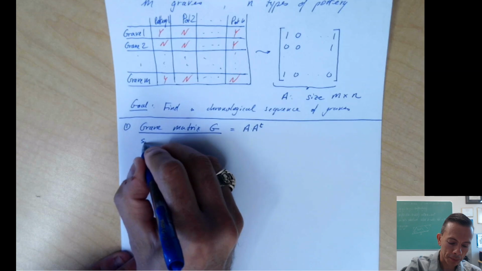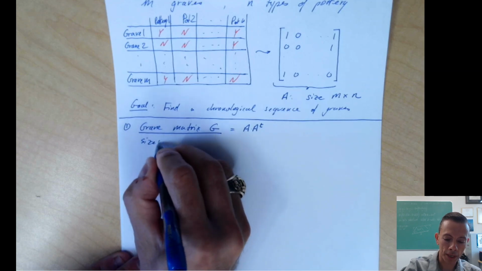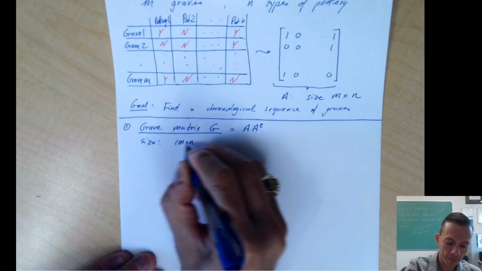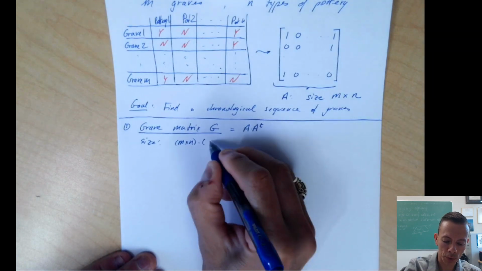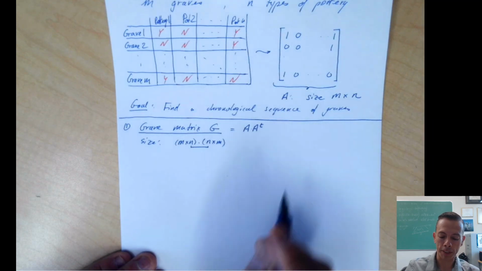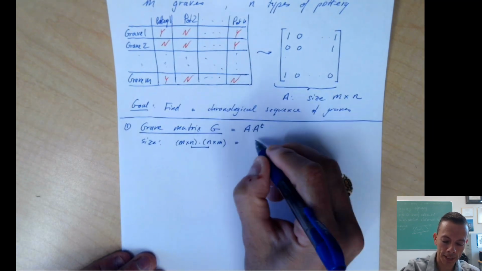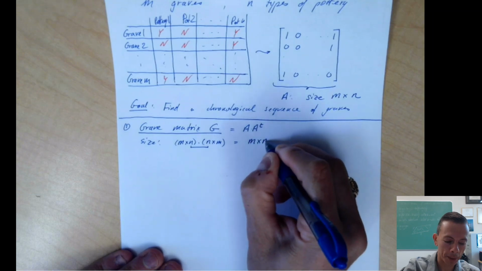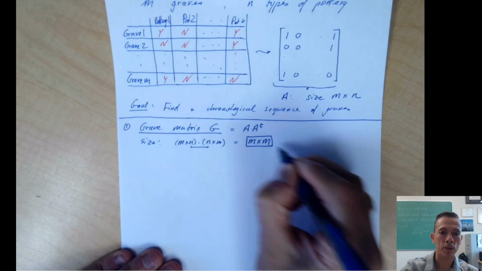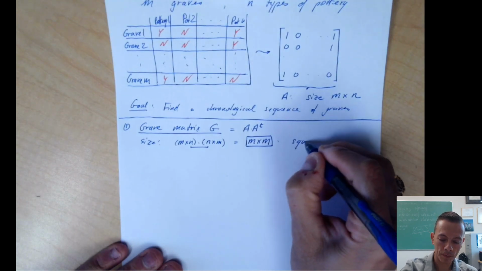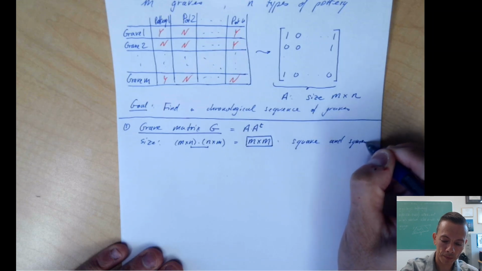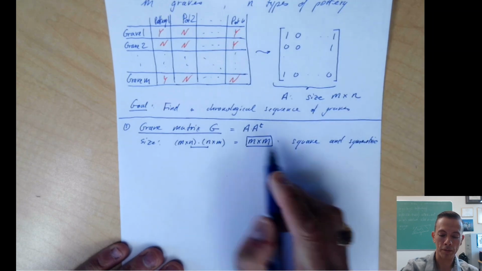The size of A is, as we said, m by n, and it's multiplying its transpose, which has size n by m. So the multiplication is possible, and you see that the final size is m by m. So this matrix is square, and it also happens to be symmetric, as can be verified.